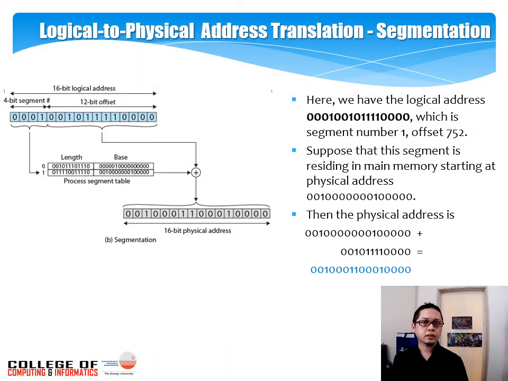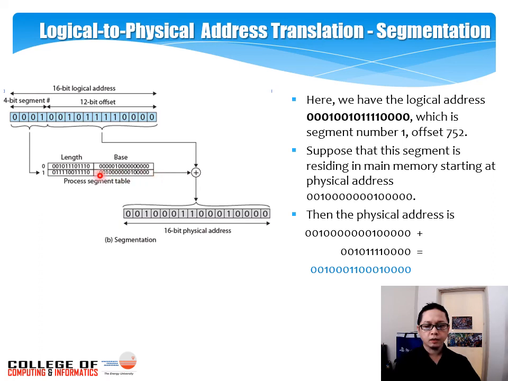So the question is now, how do you translate a logical address in segmentation to the physical address? Usually, in order to translate from the logical address in segmentation, you need to have the process segment table. Notice something different compared to the page table.